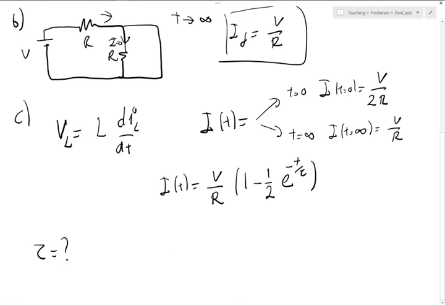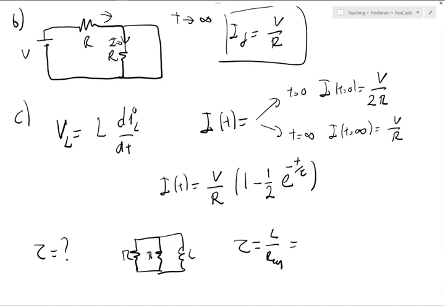Look at the circuit. When I'm looking at the time constant, I can forget about the voltage source. I have two resistors in parallel and an inductor. So the time constant, which would actually ideally be L over R equivalent.